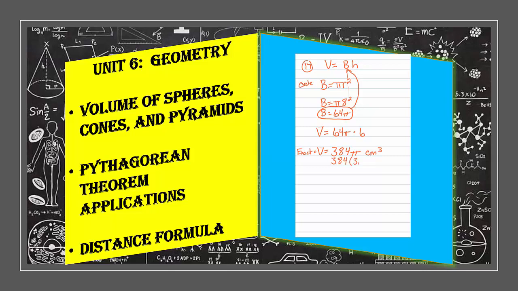So 384 times 3.14 gives us a volume that is approximately, notice the approximate symbol, 1205.76 centimeters cubed. And so that whole thing will be our solution.